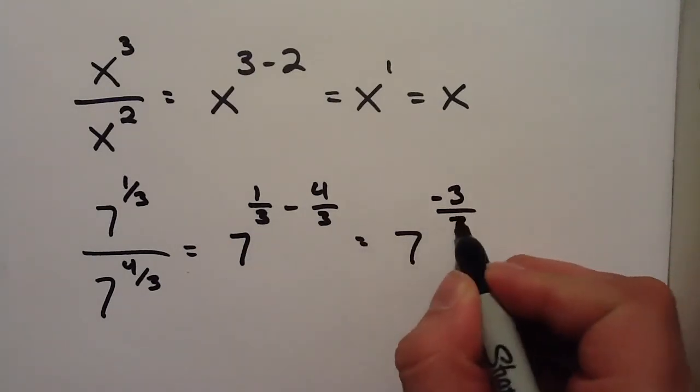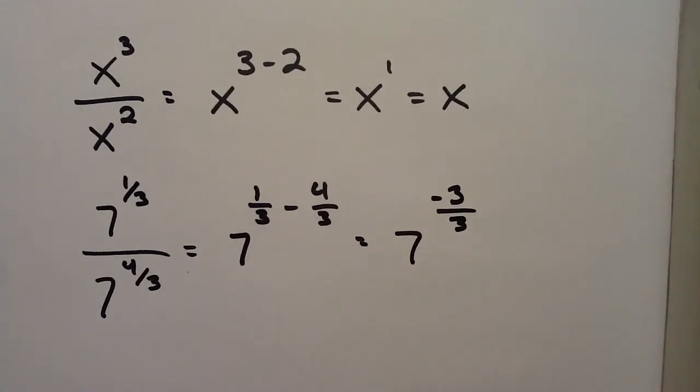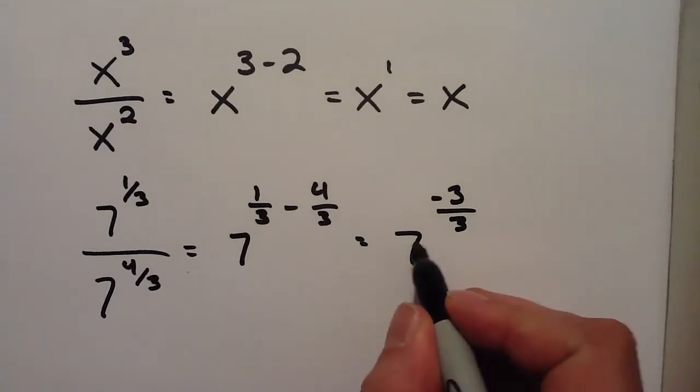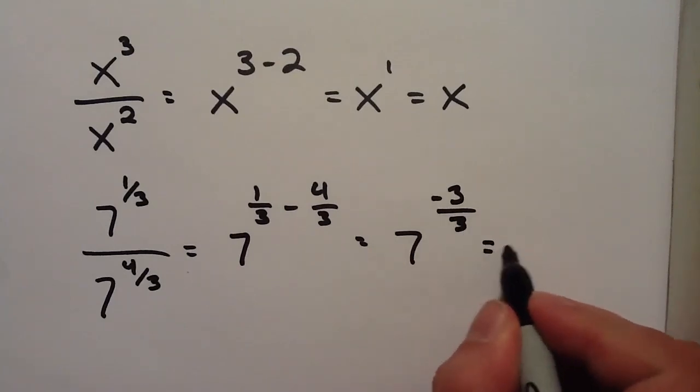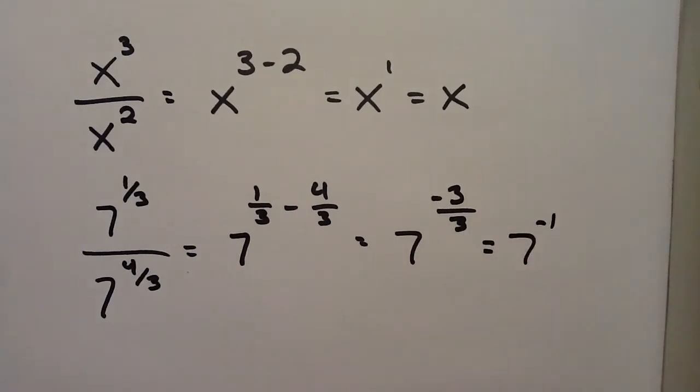Keep the denominator, 3. 7 to the -3/3 power, that just simplifies. Becomes 7 to the -1. Now remember from our last video, when I have a negative exponent, I can just take the reciprocal and say 1/7 and make that exponent positive. So that's my final answer.